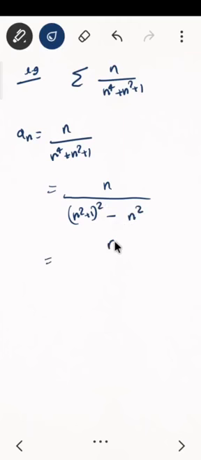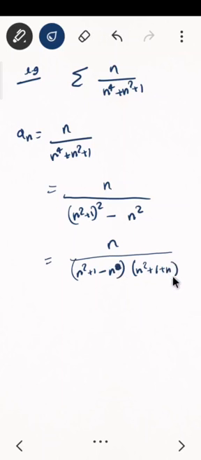So what do you mean by this? This is a square minus b square, so it is n square plus 1 minus n, and n square plus 1 plus n. Correct. So what do you mean by that? Now by using partial fractions, can I write this in this form, that is, n square minus n plus 1 and n square plus n plus 1.